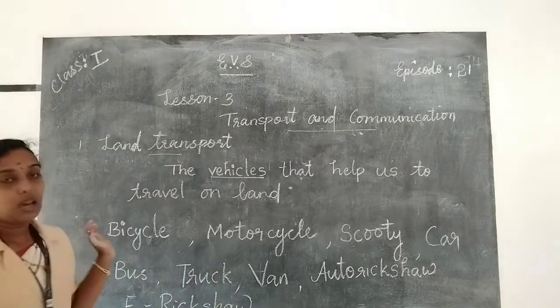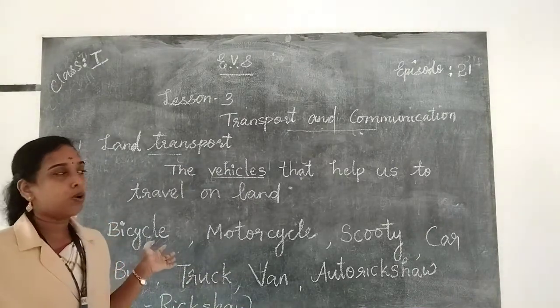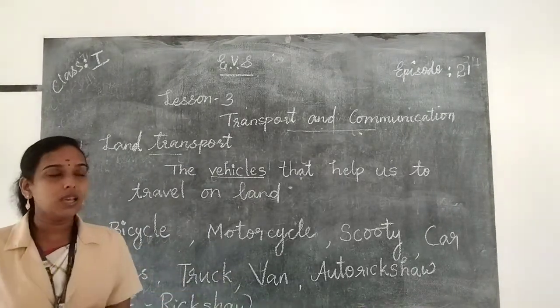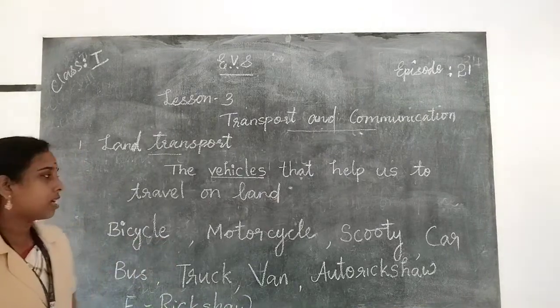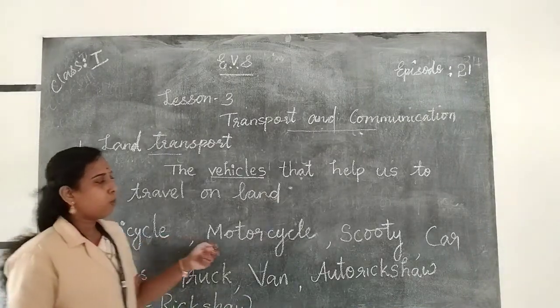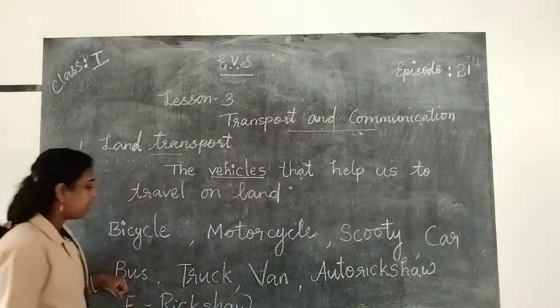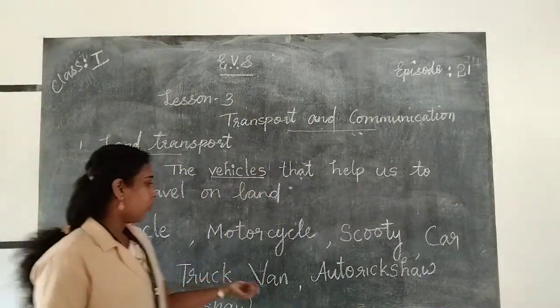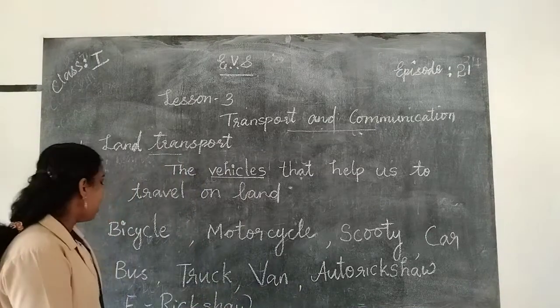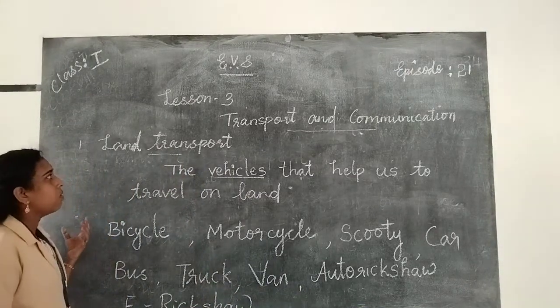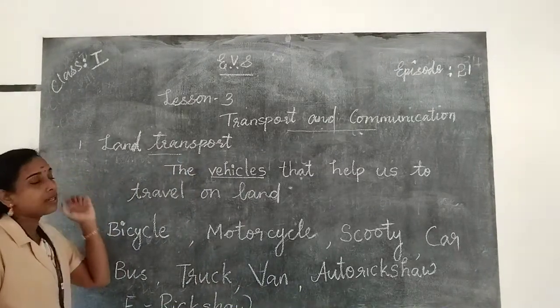E-rickshaw, R-I-C-K-S-H-A-W. So these are means of land transport because they travel on the roads. So they are called land transport. Bicycle, motorcycle, scooty, car, bus, truck, van, auto rickshaw and e-rickshaw are examples of means of land transport.